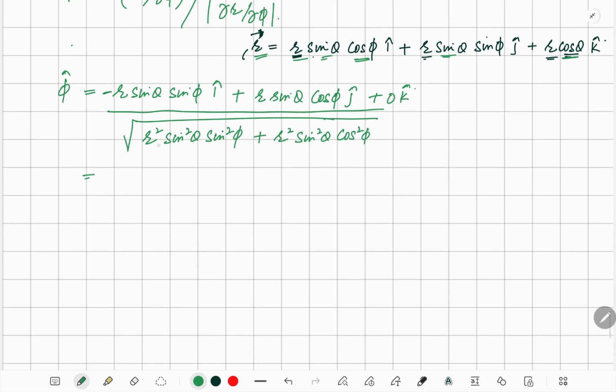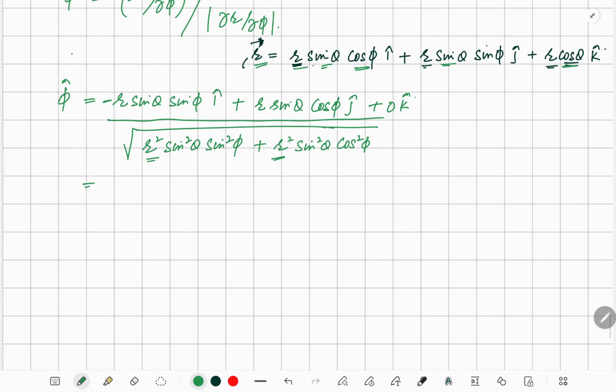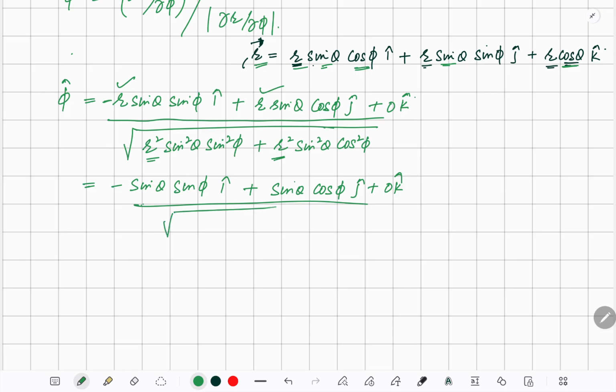Okay, so let's take this r common, so that would cancel with this thing. So there is minus sin theta sin of phi i cap plus sin theta cos of phi j cap plus 0 k cap divided by the root of sin square theta sin square phi plus sin square theta cos square phi.